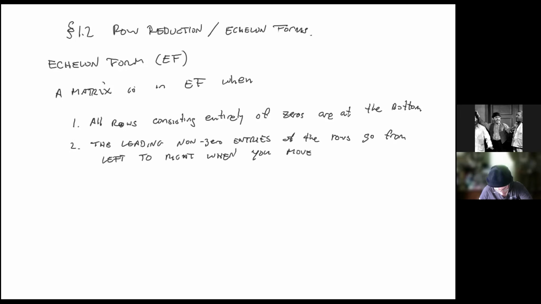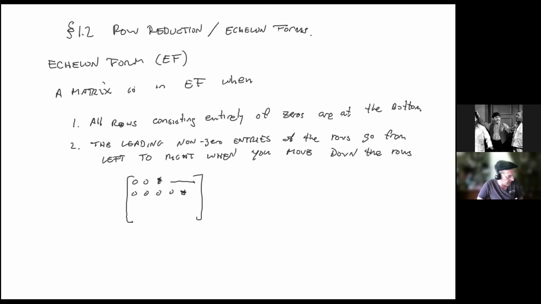Let me illustrate that point a little bit. Suppose I have 0, 0, and then some leading entry, which I'll just indicate by an asterisk, and so on. Then in the next row, the first non-zero entry would have to occur to the right of the non-zero entry of the row above it. So as you move down, the non-zero leading terms move to the right.